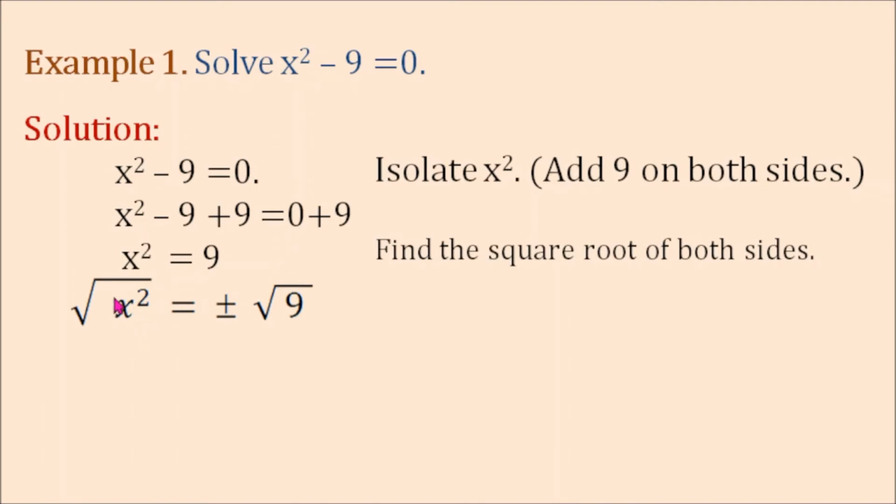So the square root of x squared is just x, and of course the positive and negative square root of 9 are positive and negative 3. So this means the solutions are 3 and negative 3.